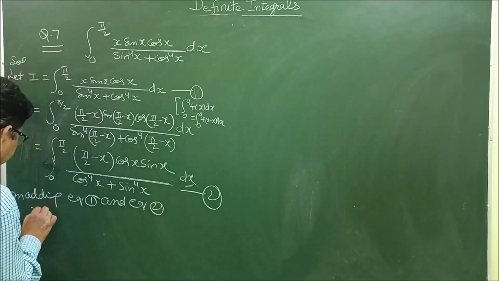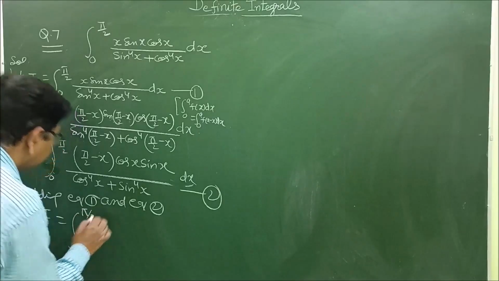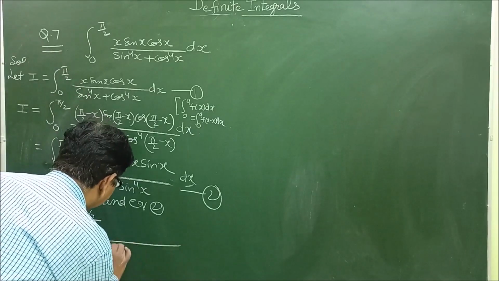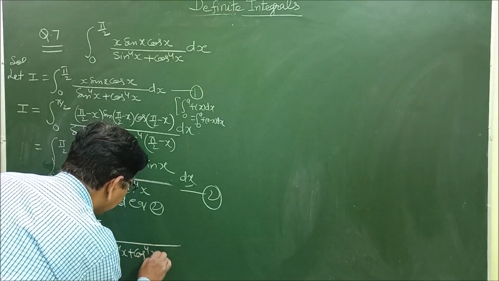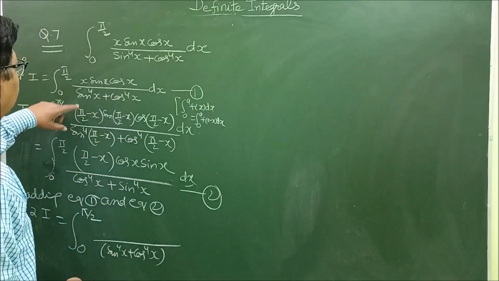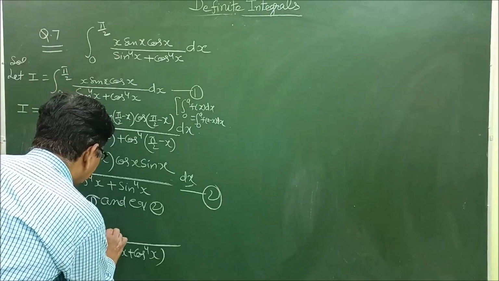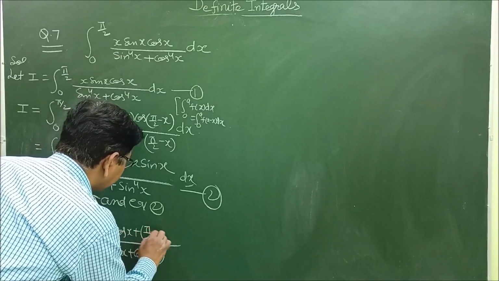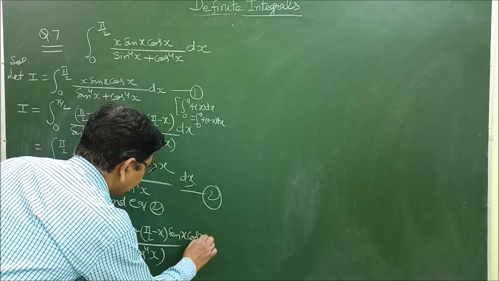we get on the left hand side 2I is equal to the integral 0 to pi by 2. Both have the same denominator, so taking the LCM, sin 4x plus cos 4x, and in the numerator from the first function we have x sin x cos x, and from the second we have pi by 2 minus x sin x cos x dx.